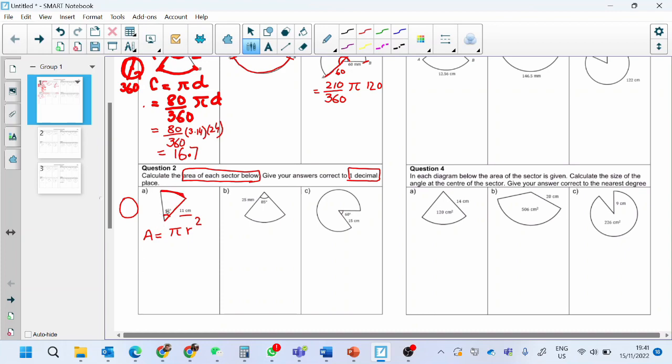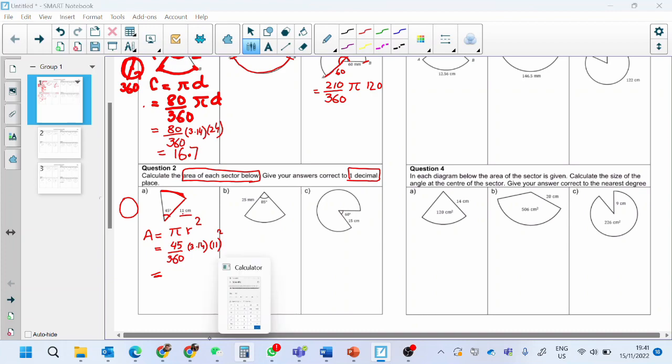This portion is 45 out of 360. So the formula would be 45 out of 360 times pi, which is 3.14, and r is 11, so 11 squared, right?